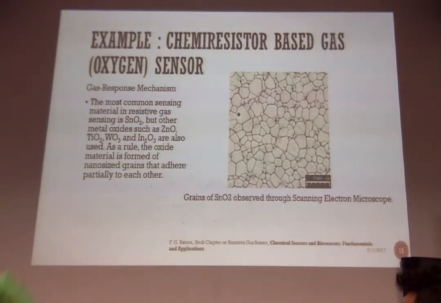TiO2. All are awesome. Should get a Nobel Prize. WO3. Tungsten? Very good. Tungsten oxide. It's not tungsten trioxide, it's tungsten oxide. Very good.